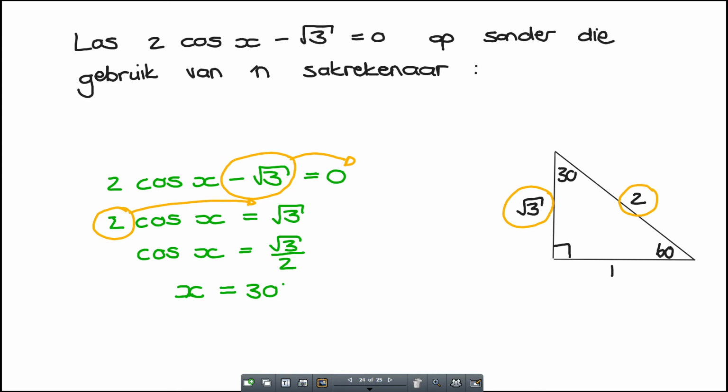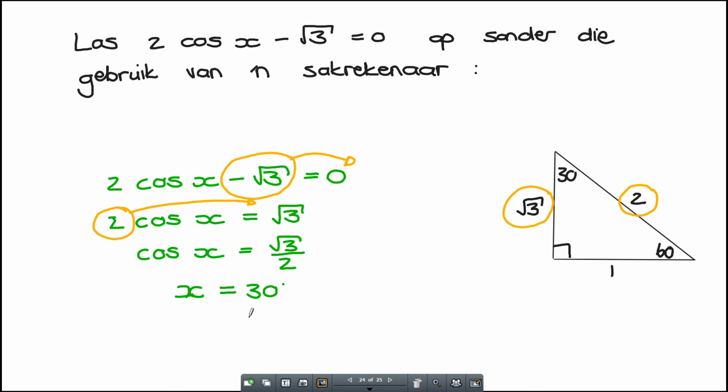Maar hulle sê dit want jy moet van 'n spesiale driehoekie afwerk. So dit is jou clue, nee? Alright, but there's no reason why you wouldn't go back and double check it with your calculator. Ja. Okay, so 2 opsies, nee?